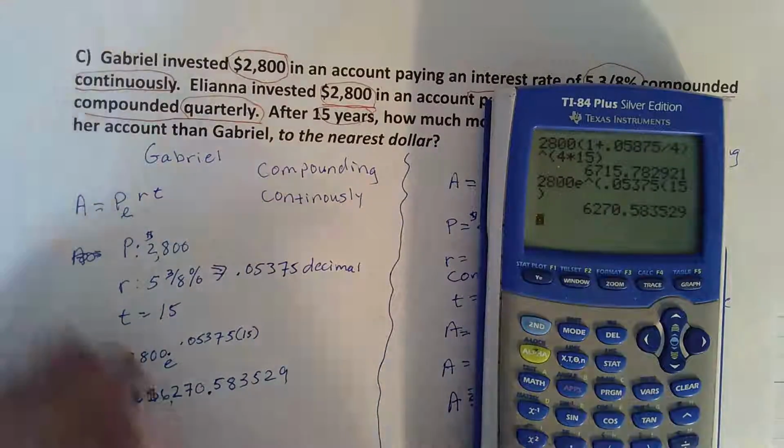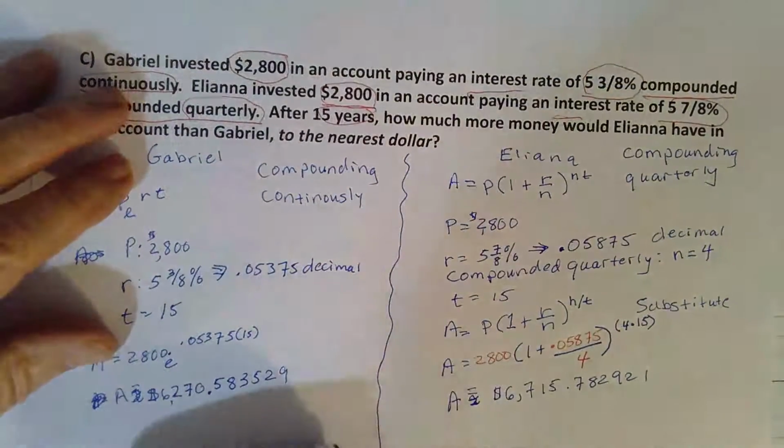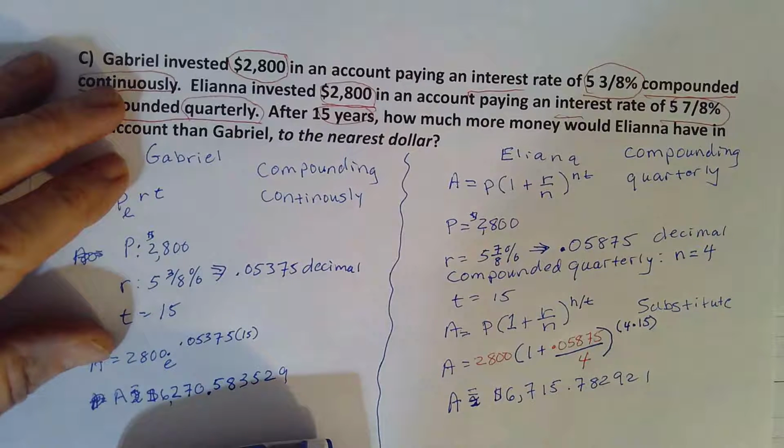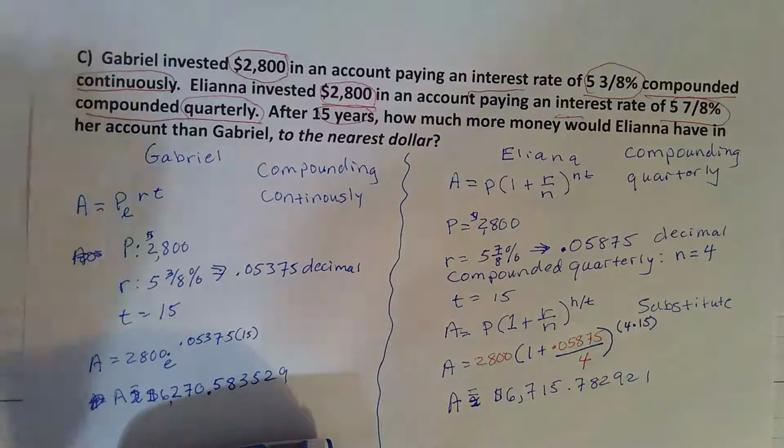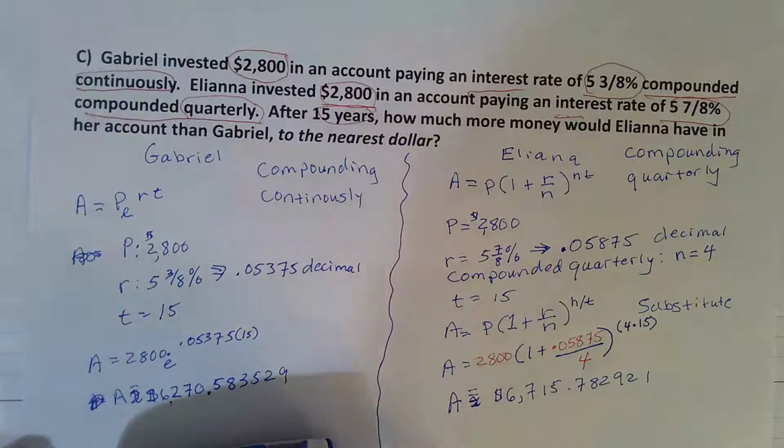Now what I'm going to do is I'm going to subtract one from the other. So I've got the 6270 in here. Let's do the larger amount. Let me clear this.